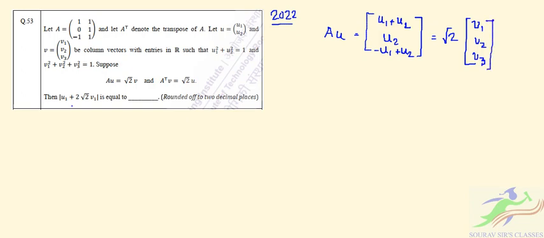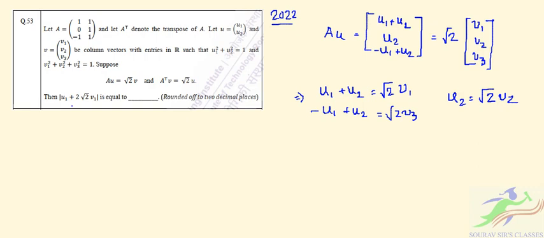Okay. So from here we can get U1 plus U2 is root 2 V1, minus U1 plus U2 is root 2 V3, U2 is equal to root 2 V2, right? So from here we can get U2.